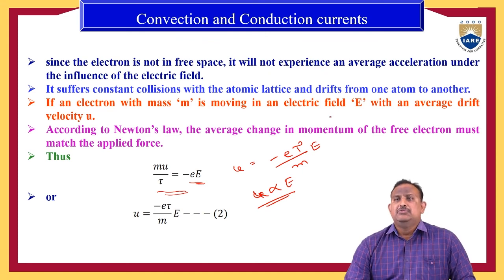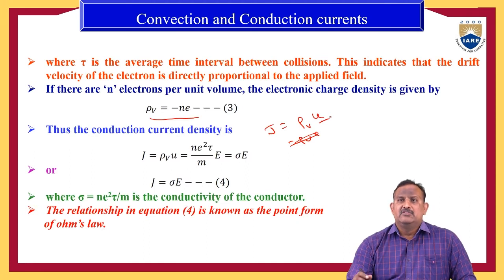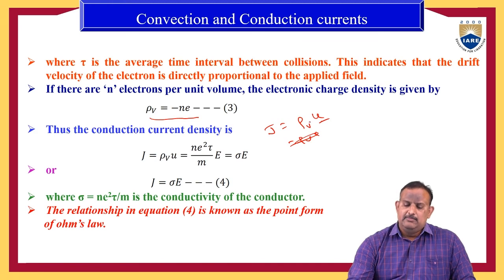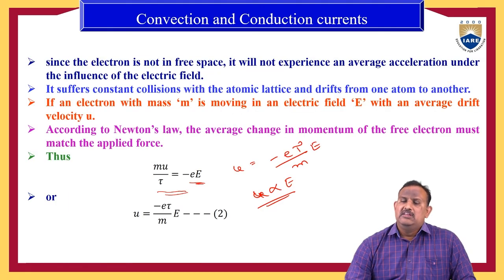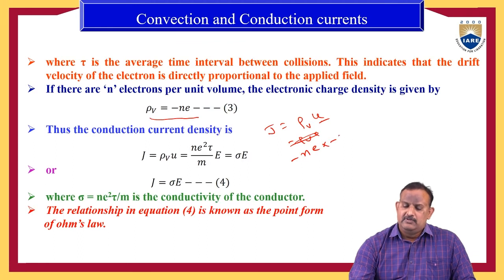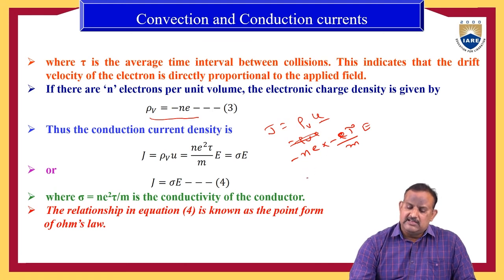If you substitute u is equal to minus e tau by m into E, and the volume charge density rho v is equal to minus n e, we get minus n e into minus e tau by m into E. The minus signs cancel each other.